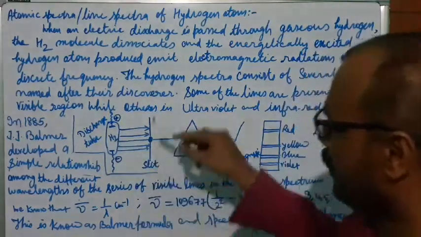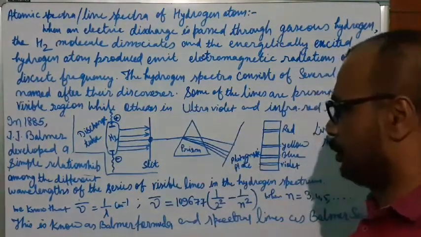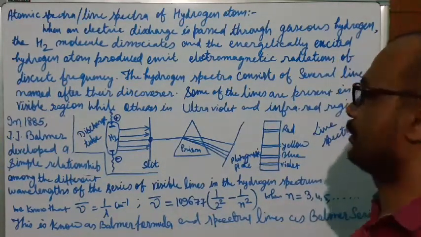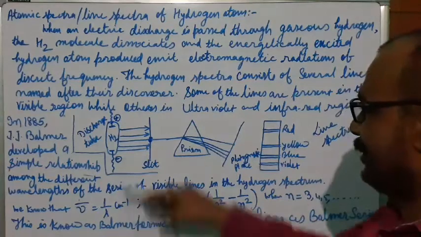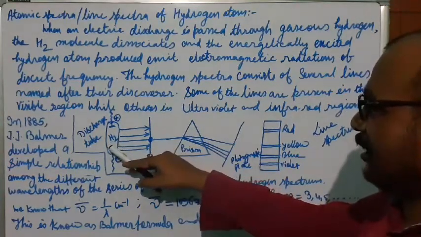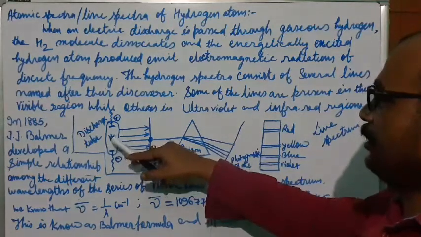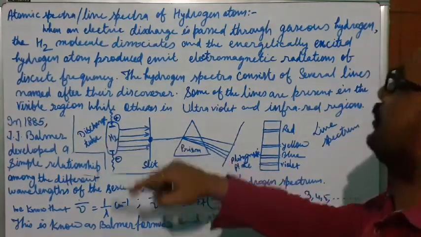When this electricity is passed through this discharge tube, which is filled with hydrogen gas at low pressure, first of all, what happens? The hydrogen molecule gets dissociated.